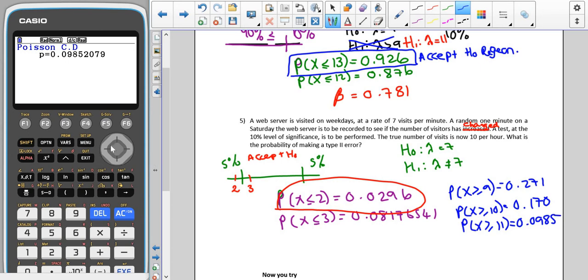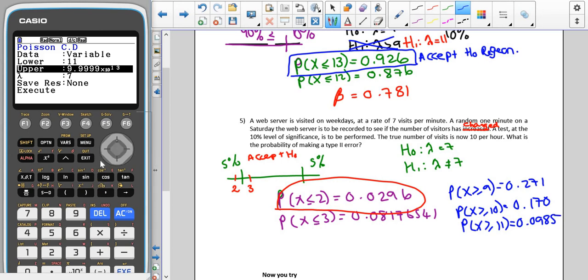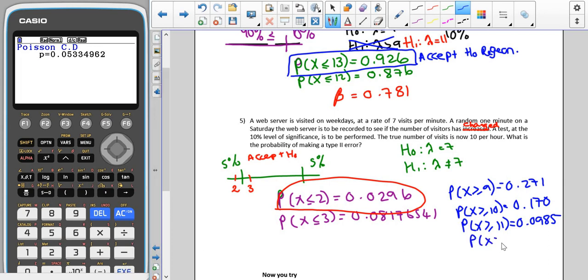That's getting closer. Let's try 12. That gave me 0.0533, very close this time. I think it's going to be the next one. So greater than or equal to 13.